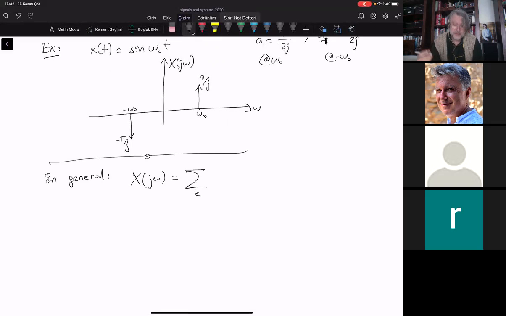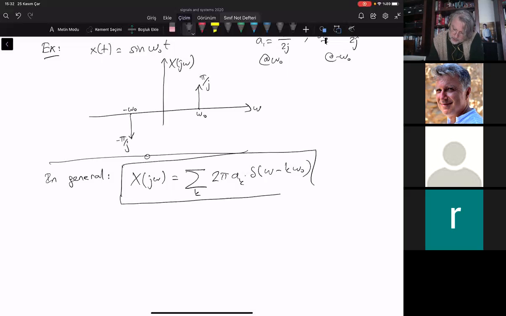It may be from minus infinity to infinity, 2 pi times ak times delta omega minus k times omega 0, which are impulses at the positions of the harmonics. The harmonics are at integer multiples of omega 0.